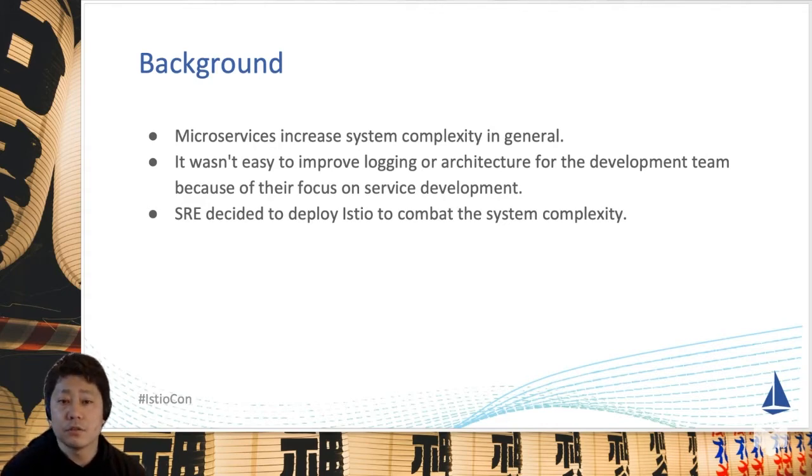One of the biggest concerns is that it will be difficult to isolate when a failure occurs. Our team had a situation where the development team was busy developing features and couldn't afford to improve logs and architecture. Therefore, the SRE team decided to use Istio, which can be installed without changing the application, to counter this system's complexity.